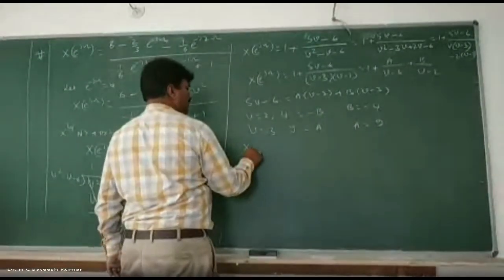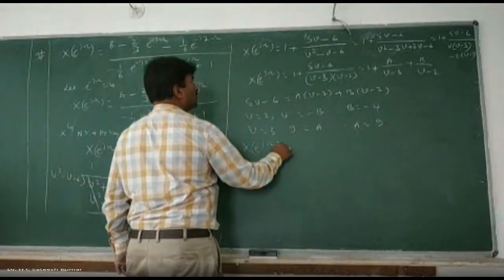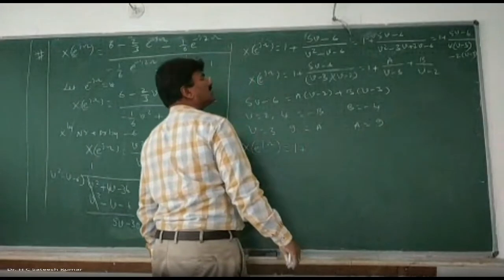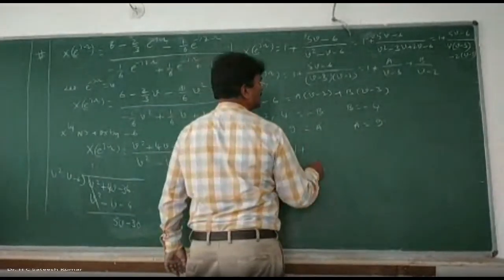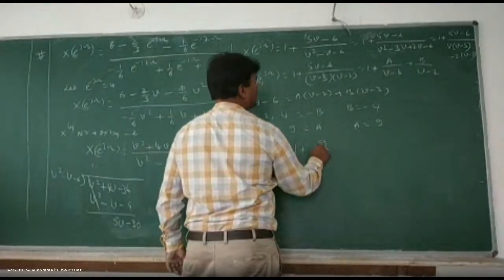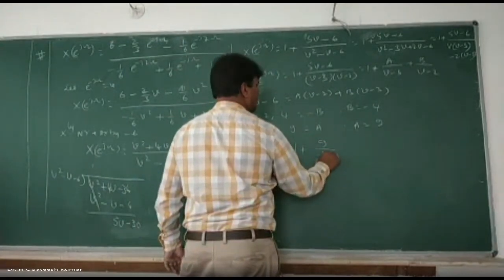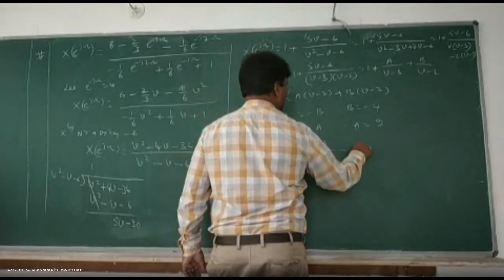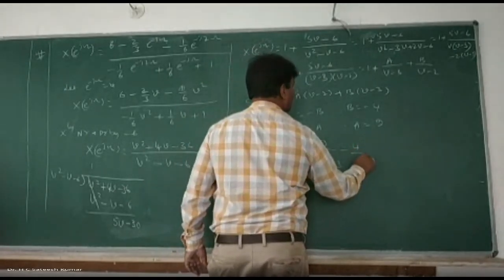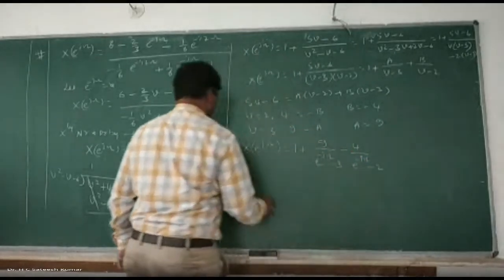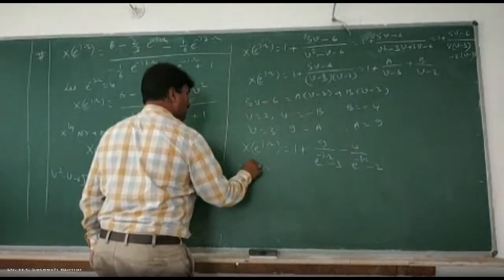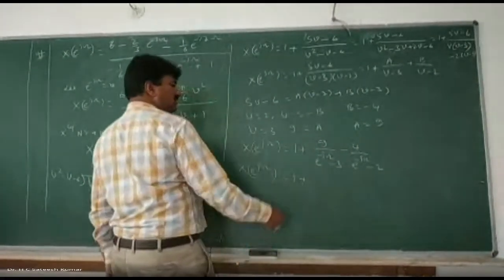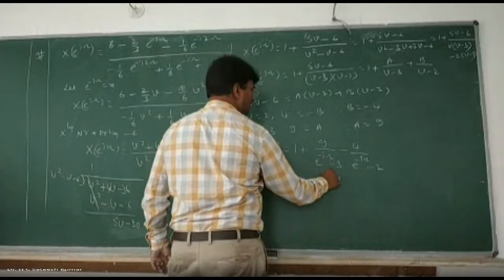So X of e to the power of j omega is equal to 1 plus a, a is what? 9 divided by e to the power of minus j omega minus 3, plus b, b is minus 4, divided by e to the power of minus j omega minus 2. Try to write it in the standard format. 1 plus, divide by minus 3.